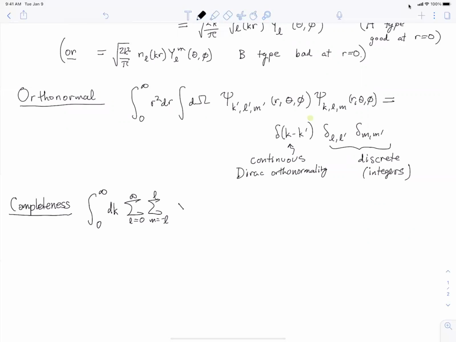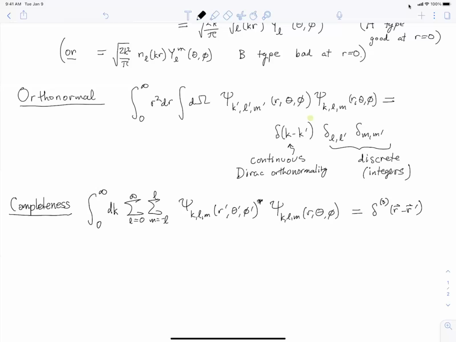Then we have psi of KLM, R prime, theta prime, phi prime, star, complex conjugate, psi KLM, R, theta, and phi. Since I'm summing over all KLMs, that's a three-dimensional delta function of R minus R prime.